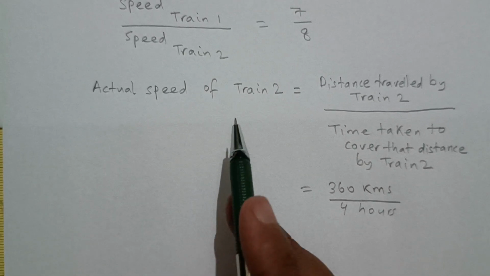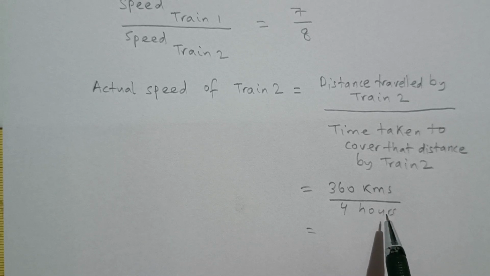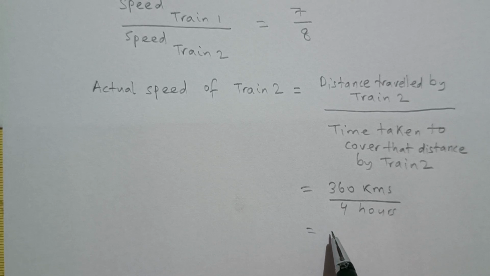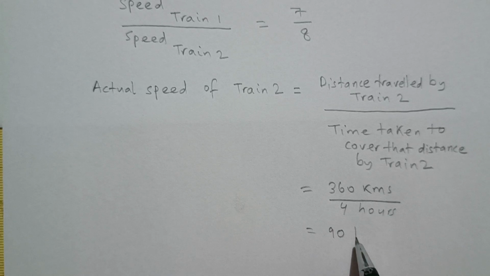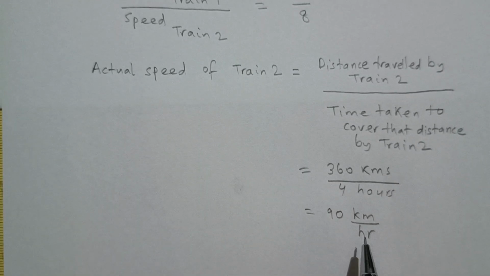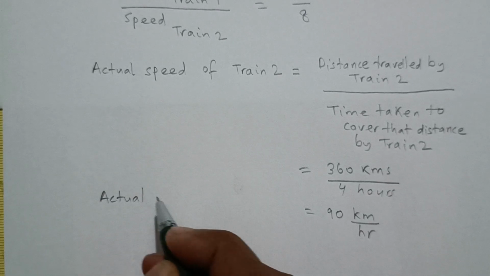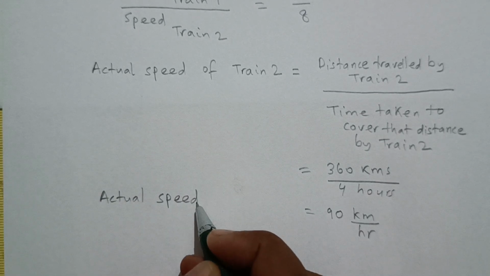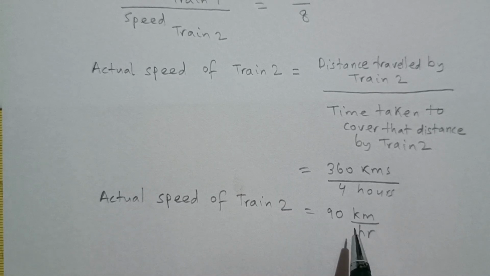So therefore the actual speed of train 2 is 360 kilometers divided by 4 hours. 360 divided by 4 is 90, and the unit will be kilometers per hour. So the actual speed of train 2 is 90 kilometers per hour.